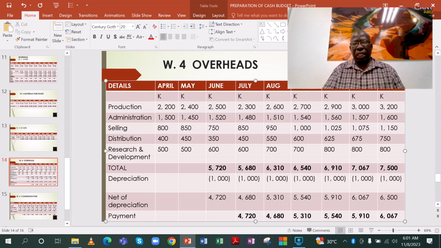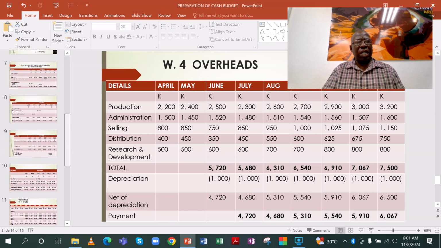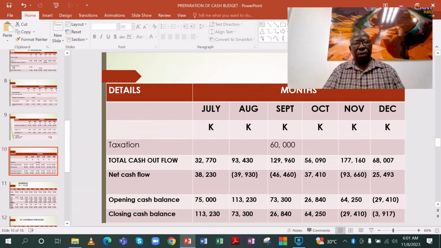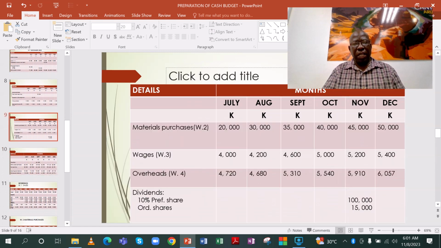So we pick these figures to slot into the outflow section of our cash budget presentation table. So we have the overheads starting from 4,720 as captured from working number 4 through to this figure here in December.